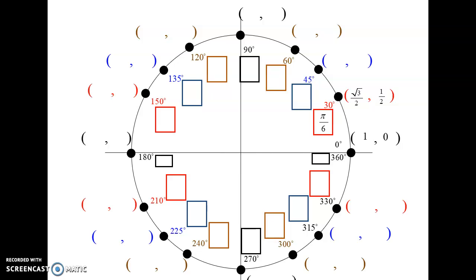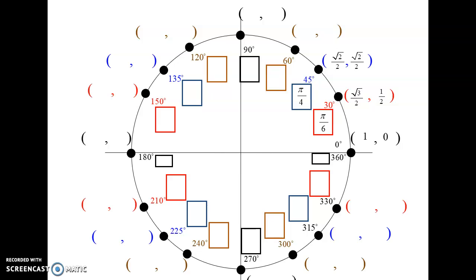The root 3 over 2 is related to cosine. The 1/2 is related to sine. If we think back to the chart and our conversions, 45 degrees would be pi over 4. And 45 degrees for both sine and cosine is going to be root 2 over 2 and root 2 over 2. Remember, x being cosine and y being the sine value.